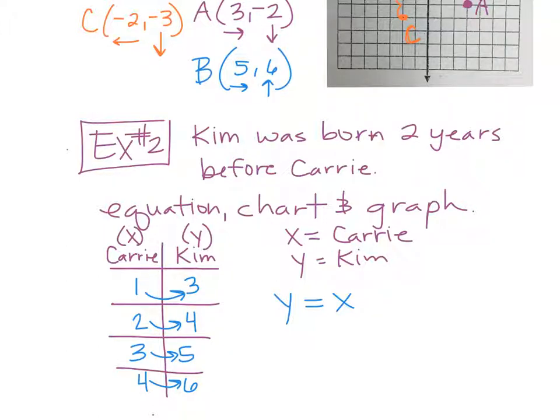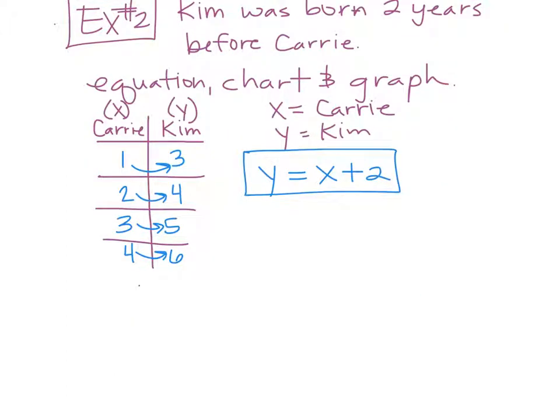We're adding 2, right? So if we say Carrie plus 2, it should equal Kim, right? So y equals x plus 2 would be your equation for it, okay? Now, if you come up with this first, that's totally fine. Then you can use numbers to plug into the t-chart, okay? And then how we graph it.